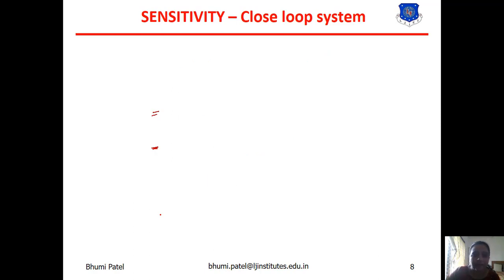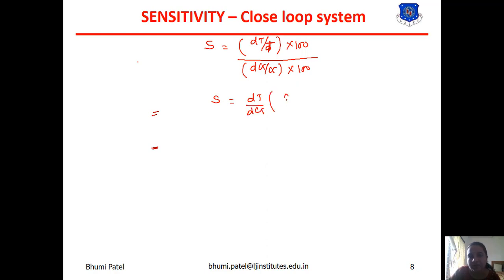S is equal to percentage change in transfer function, means dT by T into 100, upon percentage change in gain, and gain of the system is G, so dG by G into 100. So S is defined as dT by dG upon G by T. This is equation number 1.